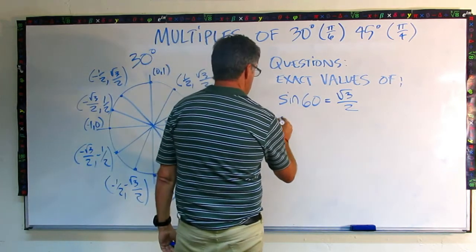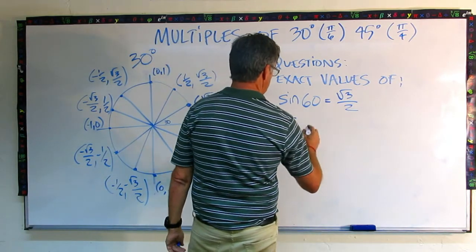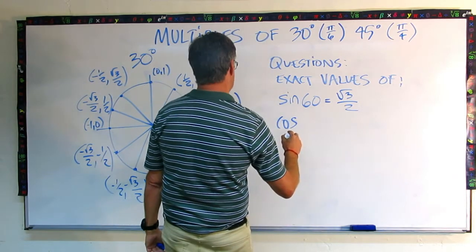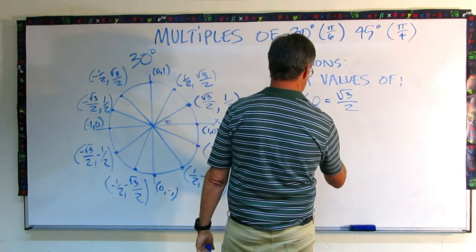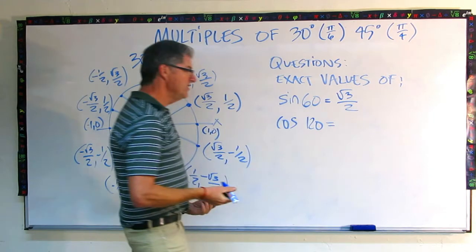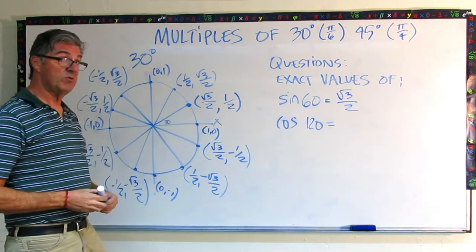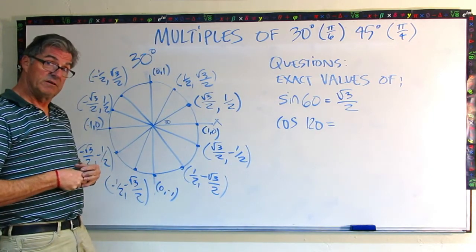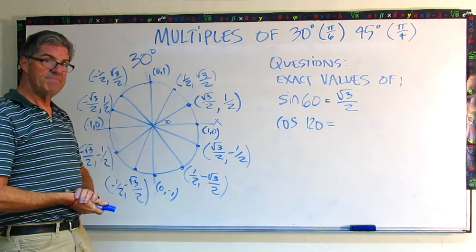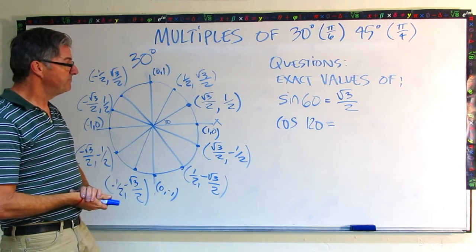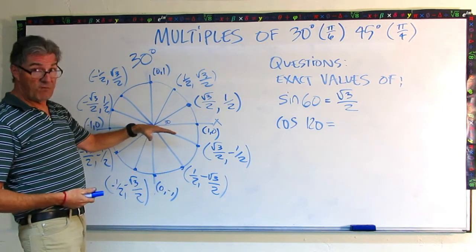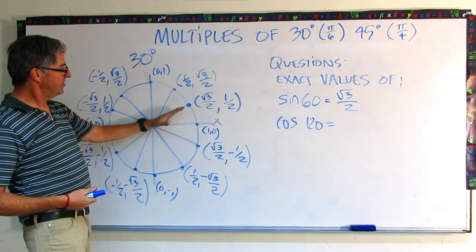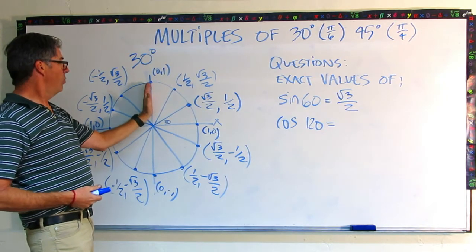Let's try cosine of, let's do 120. What's the exact value of the cosine of 120? So we have to think. Actually, pause the video, see if you can get that. Okay, let's see how you did. 120 is 4 30s, because there's 30, 60, 90, 120.